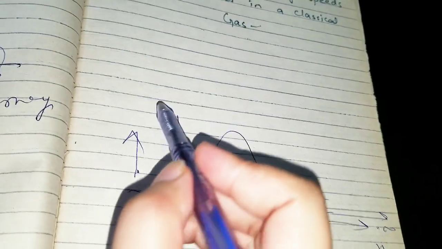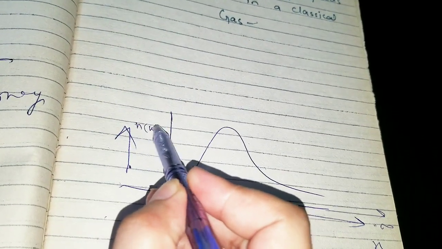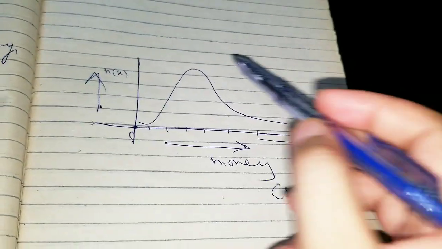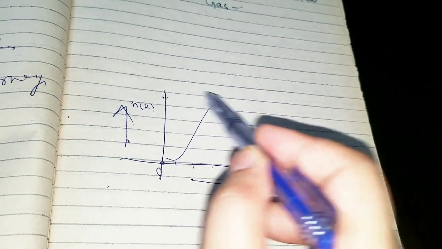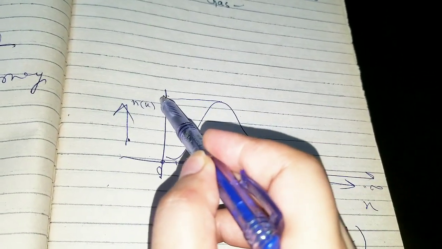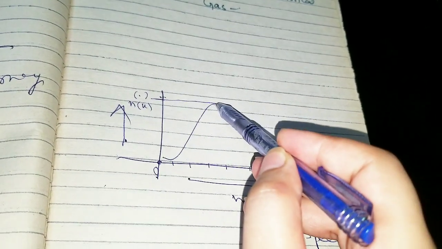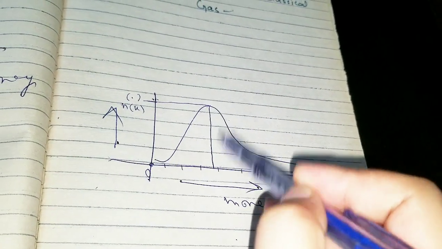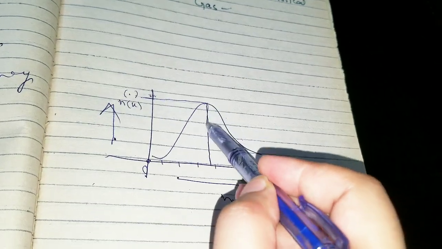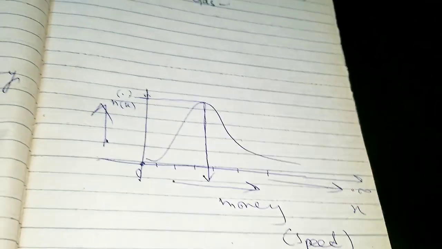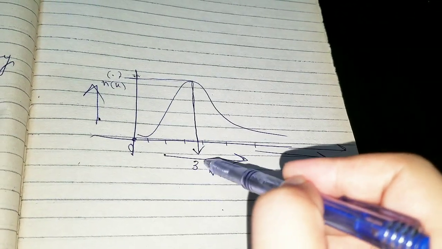So here is the number density, for example, the number of particles that will have that money, and we can see that this is the peak. This shows that the maximum number of members will have this money. For example, they will have $3.